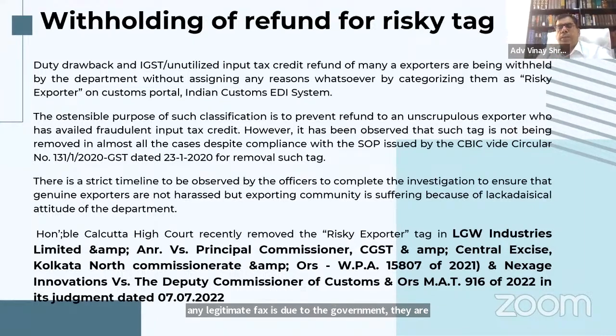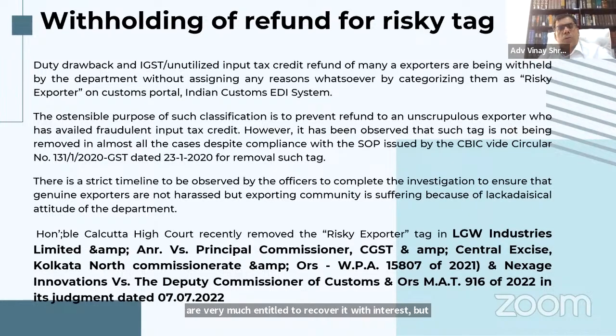But there is no condition under Rule 89(5) that they can withhold the refund. And the department is not entitled to go beyond what is prescribed in the law. If any tax is subsequently found to be due, or if the refund itself is found to be wrongfully given, then they are very much entitled to recover it with interest. But they cannot withhold the refund.